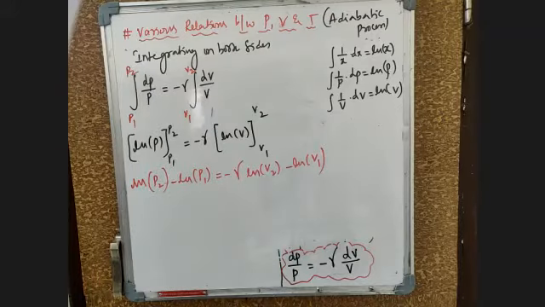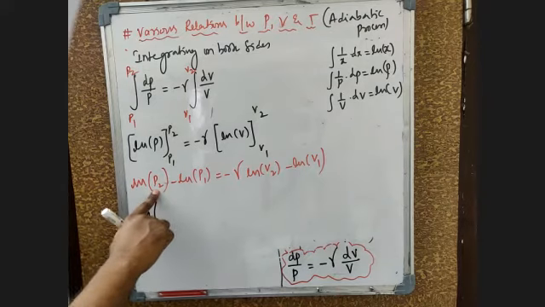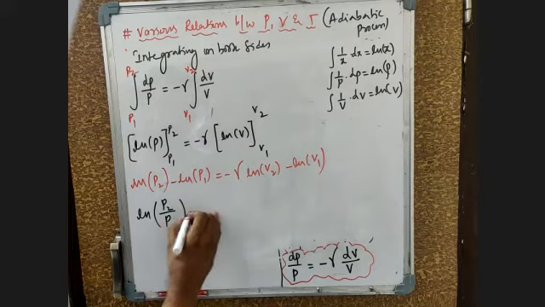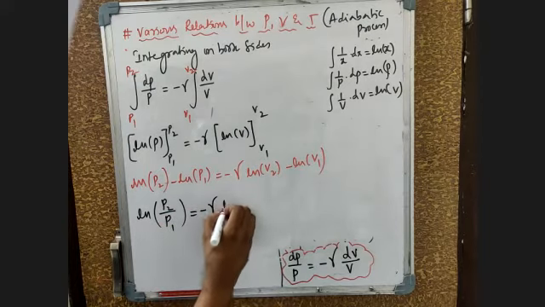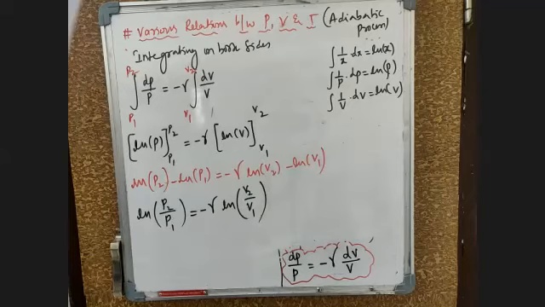So this will become ln of P final by P initial, or P2 by P1, equal to minus gamma into ln of V2 by V1, or V final by V initial.